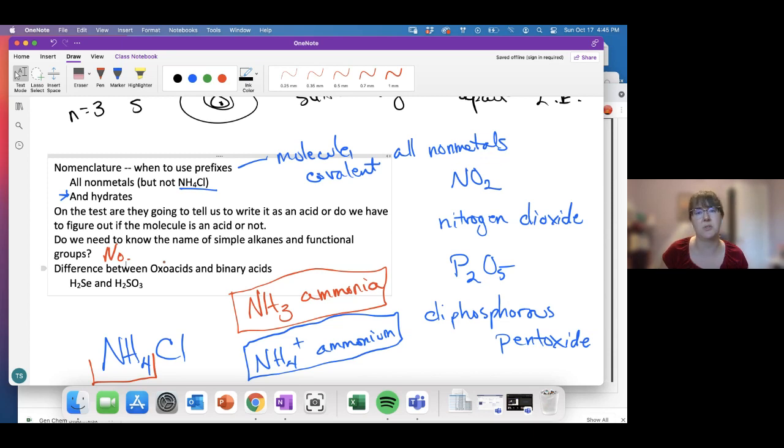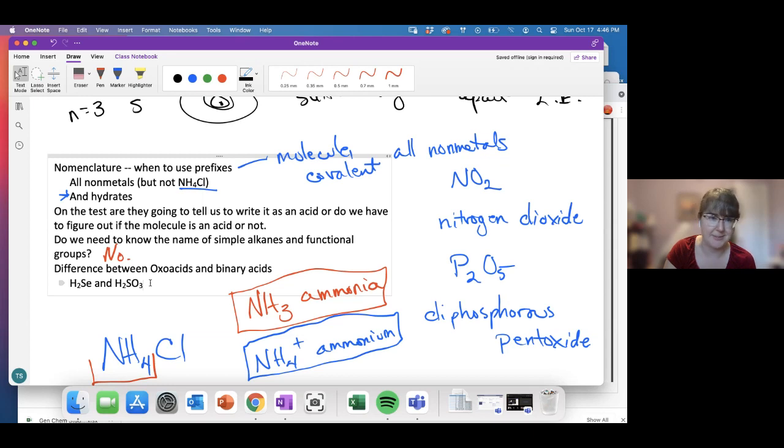So if you do come across different kinds of nomenclature, don't think that they just made it up and gave it a really cool nickname to make more money. That's actually what it's called. But we will not test you on those. We just like to make sure that y'all know that there is actually more nomenclature than what we've covered in this course. But we save those for other classes.